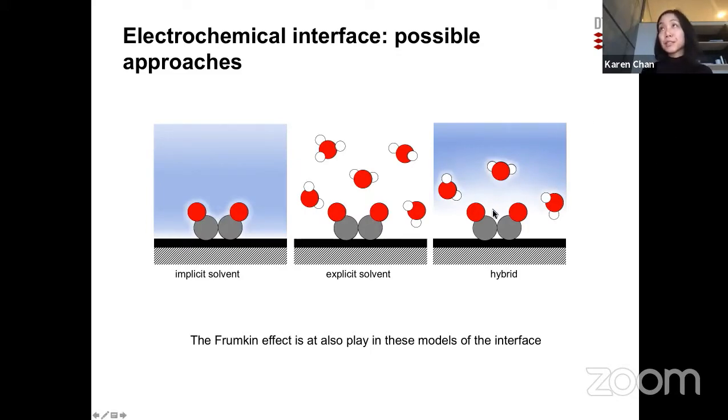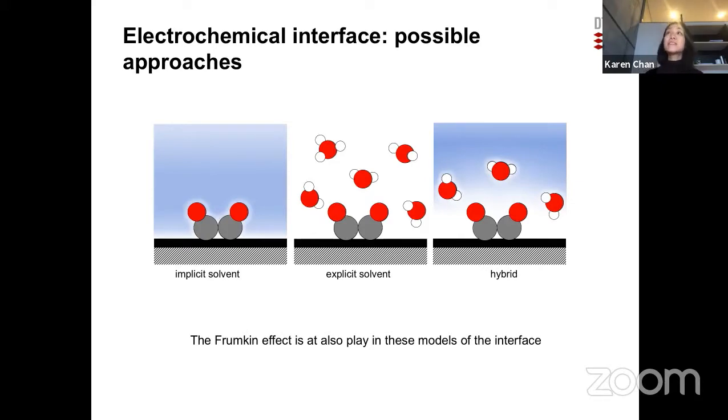And this offers us the advantage that one can, in principle, set a work function for your simulation simply by charging up your continuum electrolyte to some arbitrary charge. And what I want to emphasize in this talk here is that the Frumkin effect is also at play in these models of the interface, and it drastically affects the reaction energetics that we get out.